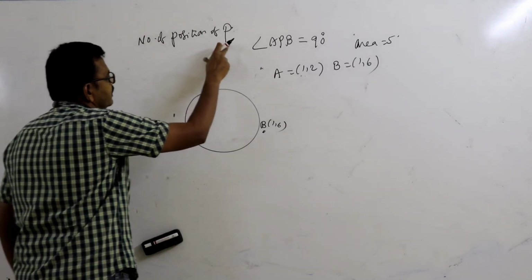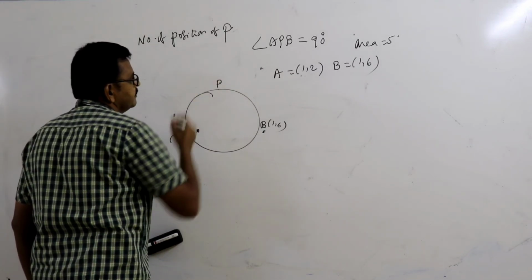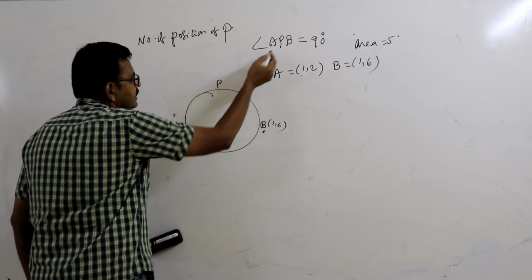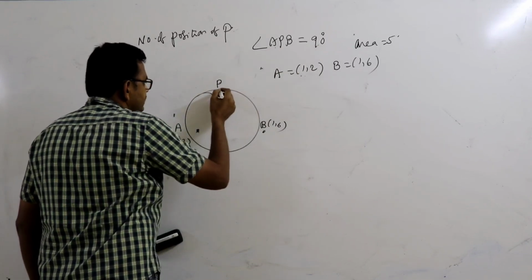Number of positions of the point P. Angle P equal to 90 degrees, that means what?